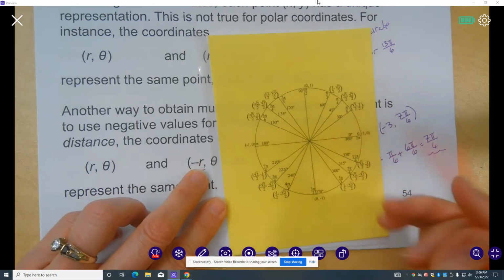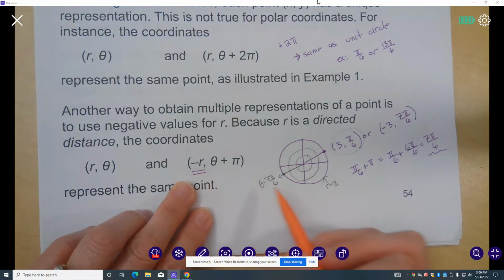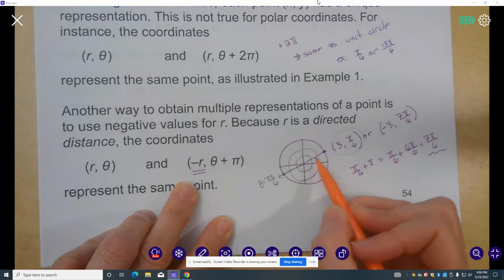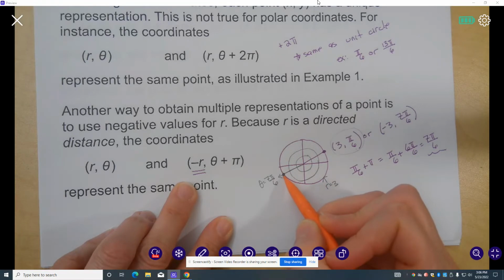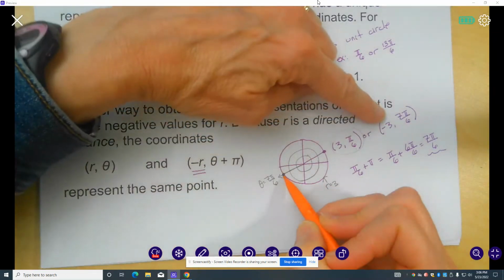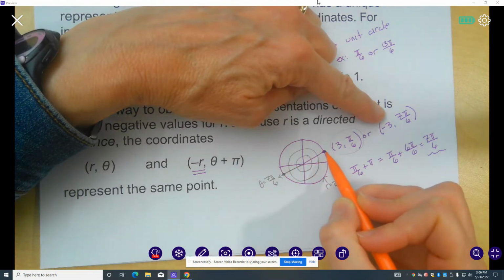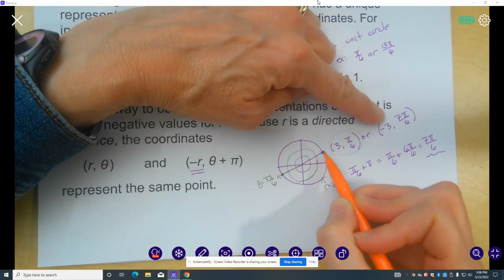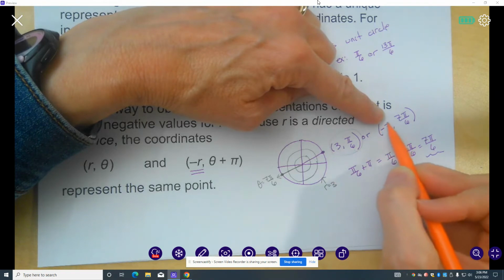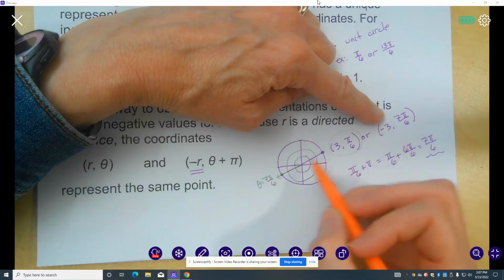So what happens when you have a negative r value? You find the angle, 7 pi over 6. So if you were graphing this point, you would find the angle, which would be 7 pi over 6. And then if your r is negative, think of reflecting that r 180 degrees, or over to the opposite side. So I can't really graph a negative 3 because r is a distance. I can't have a negative distance.